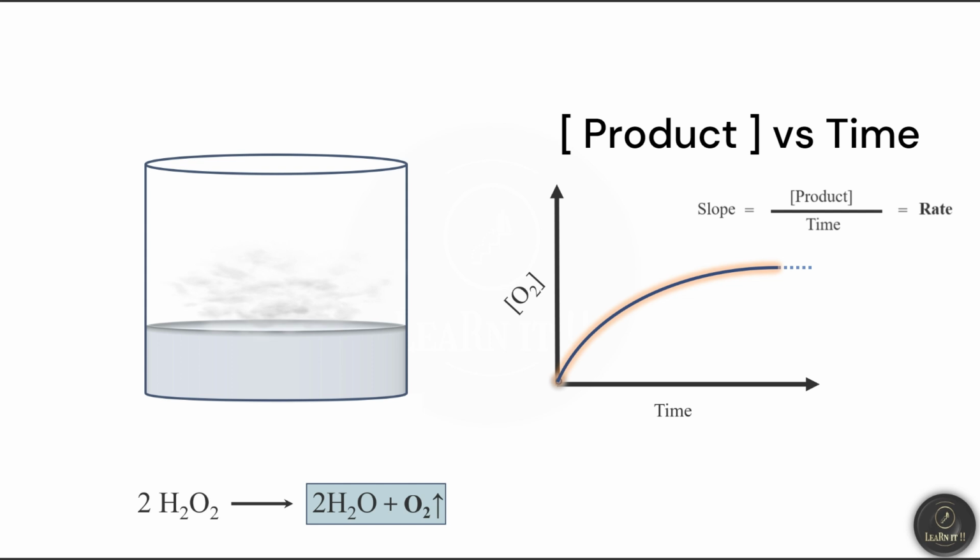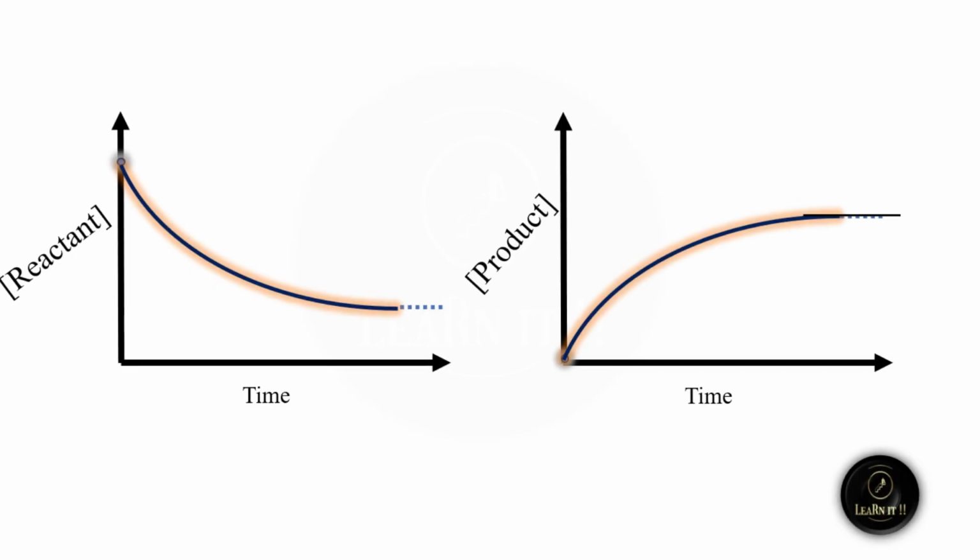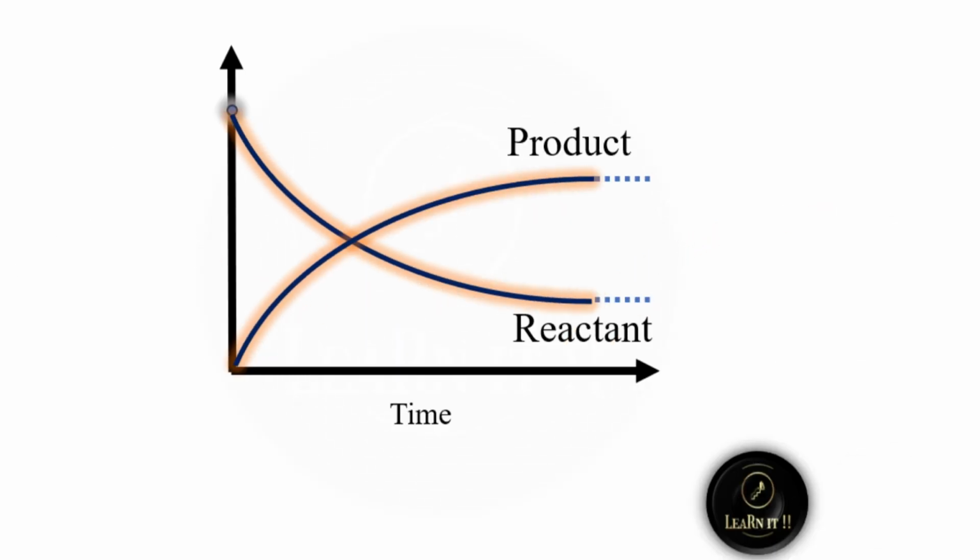The rate of reaction can be expressed from the graph. A steeper slope means a faster reaction, and as the graph flattens, the rate slows down. In conclusion, using graphs, we can clearly see how the concentration of both reactants and products change with time during the decomposition of H2O2.